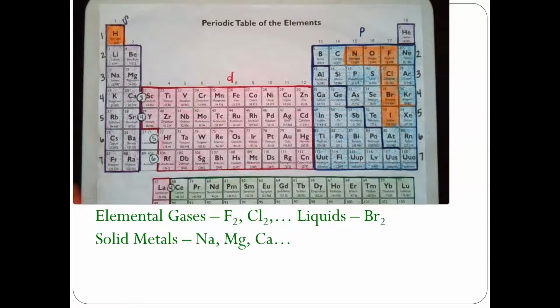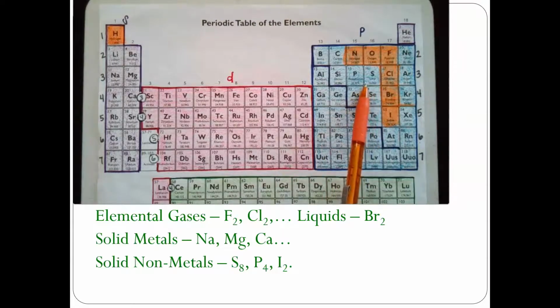Our metals, most of the metals of the periodic table will come just alone: sodium, magnesium, calcium, no subscripts on them. And then there are some other rules for things like sulfur likes to come as a set of 8, and phosphorus likes to come as a set of 4, but I will not require you to know that. Just don't be alarmed or set off if you see S8 or P4 in a substitution reaction.